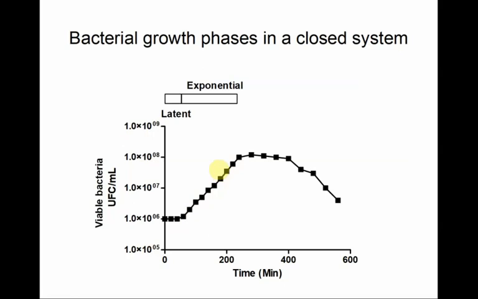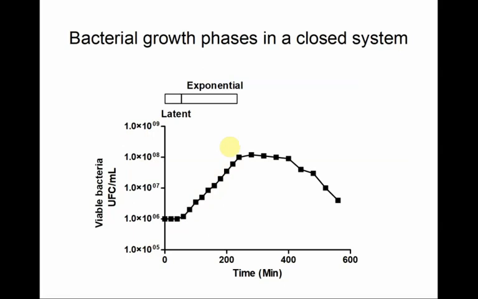But after a while, they will either begin to run out of food, they'll use up all the peptones or all the glucose in the medium, or they will produce too many toxic products. So bacteria will tend to ferment glucose or other sugars and acidify the medium, and most bacteria don't like to grow in acidic conditions.